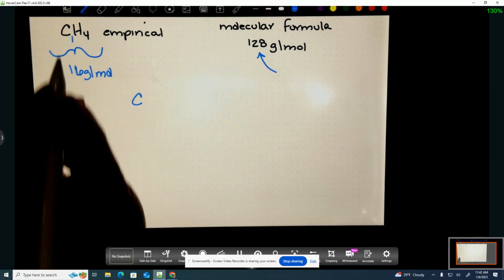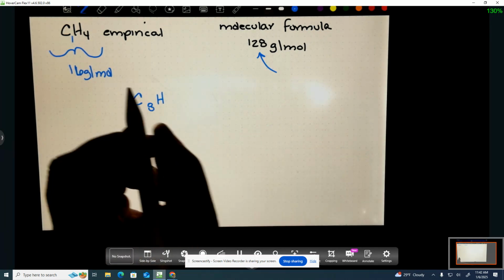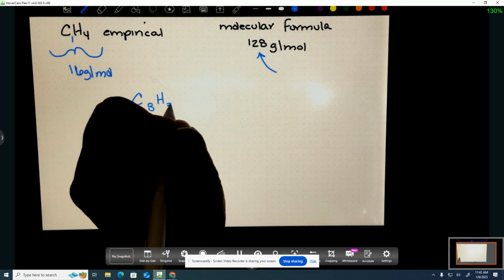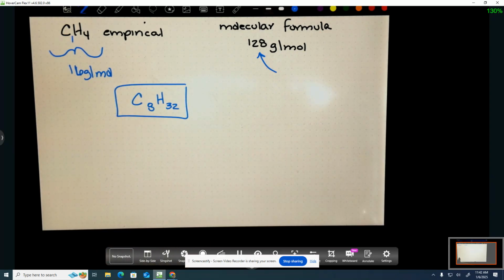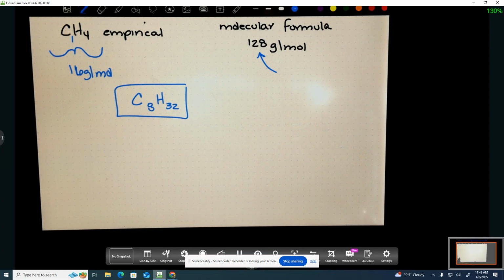So instead of 1 carbon, you're going to have 8. And instead of 4 hydrogens, you're going to have 32. And that's the molecular formula. Okay? So empirical is the lowest, and molecular is any multiple. And when I talk about the multiple, the atoms get multiplied by that number, and the molar mass or the gram formula mass also goes up by that. Pretty easy, right? Any questions? No, this makes sense. I'm good. You good? All right.